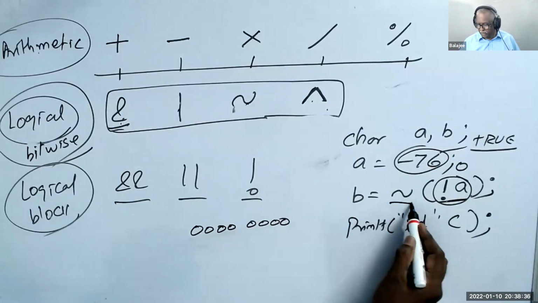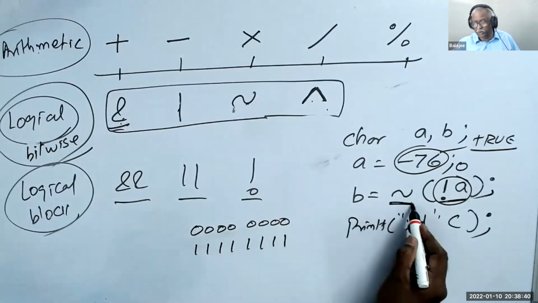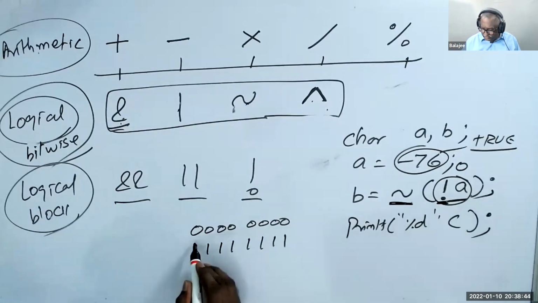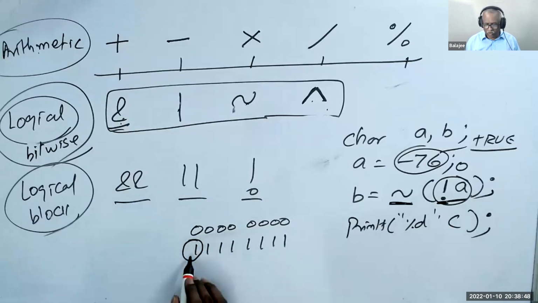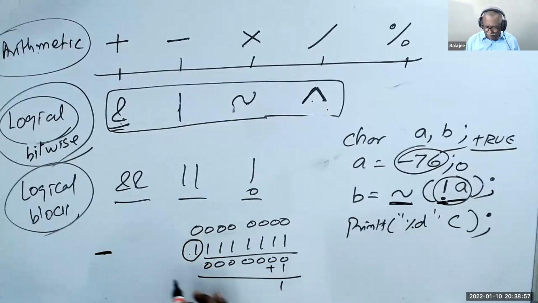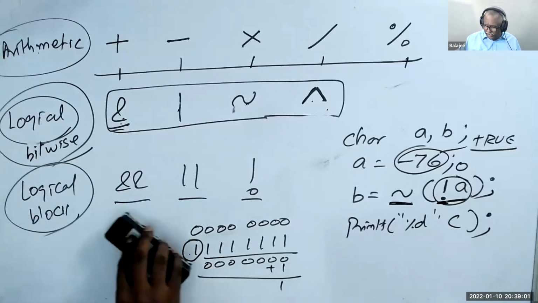This is bitwise, it becomes all 1, 1, 1, 1. Please understand, this is bitwise. So when you do this, what is happening? This bit is 1, so negative. Take the complement of all the bits. Add 1, because 2's complement. I print 1.